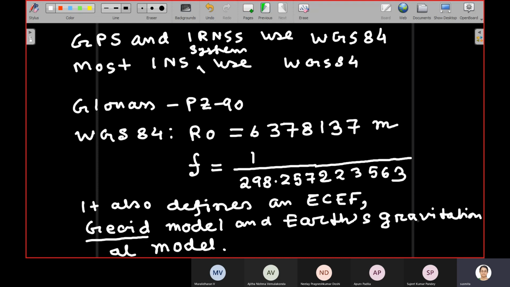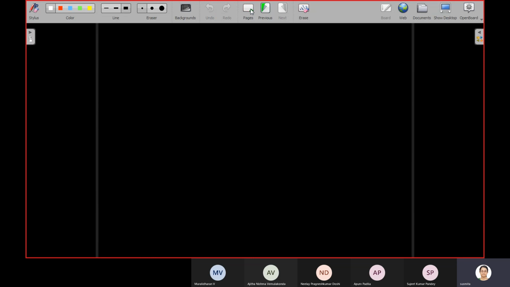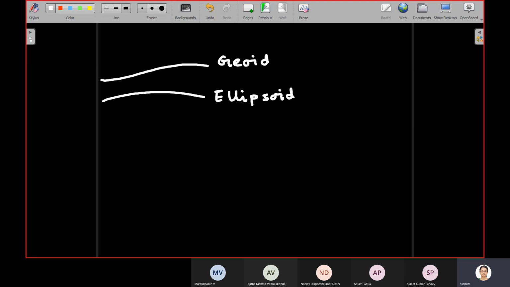Now we have two models, right? One is the geoid, another is the ellipsoid. So this is the ellipsoid and this is, let's say, the geoid. So at each point we can find the distance between geoid and the ellipsoid. So this is the normal distance. Okay, so this is called geoid height.